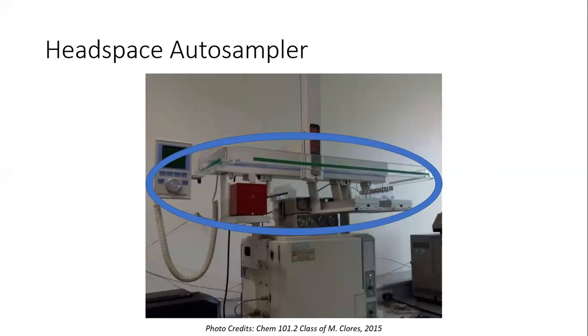There is another GC at the ASL which is under the laboratory of Dr. Gregorio. That GC is automated, so an autosampler is used, and headspace injection is used. You just need to prepare your samples and then it will be programmed on the computer.